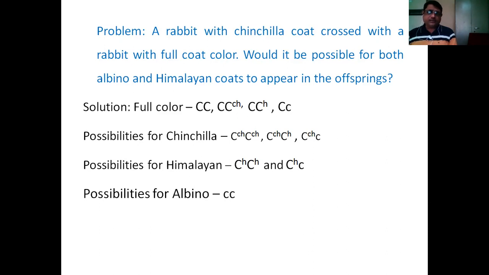And from this CCH, we can also get the Himalaya type of offspring. So while seeing the genotypes itself, we have some idea regarding the progeny of these parents. These are all logical questions.